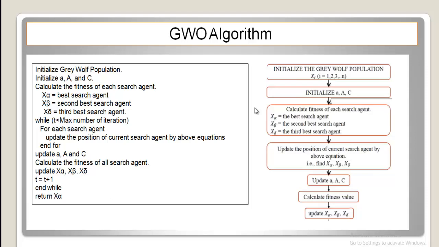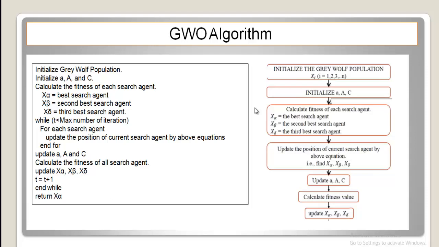With every iteration, we update the parameters A and C, which are coefficients that control the step size and the influence of the leading solutions on the rest of the pack. After updating the position, we recalculate the fitness value for all of the search agents to see if they have moved closer to the optimal solution. This iterative process continues incrementally, and the iteration count increases each time until we reach the end condition.